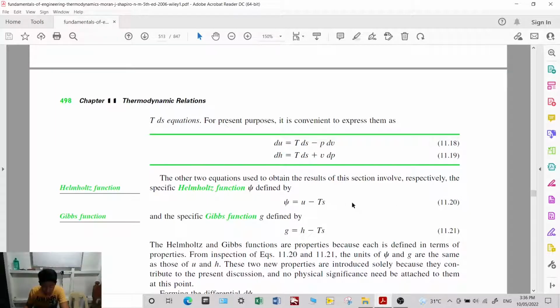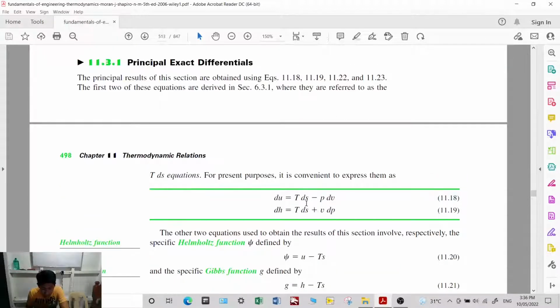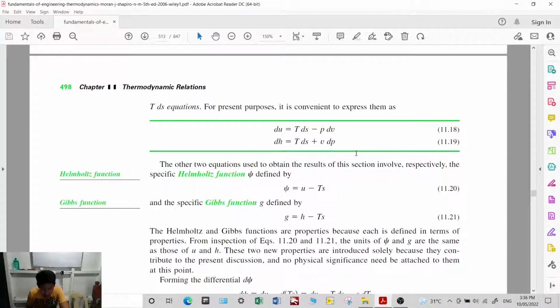Wala siya physical significance like the enthalpy, wala man siya physical significance. Ang value niya is U plus PV. Pero property ni siya. Kay property, i-derive man siya from property. So, atong i-define ang Helmholtz function and Gibbs function.